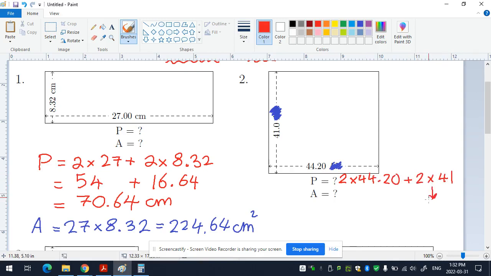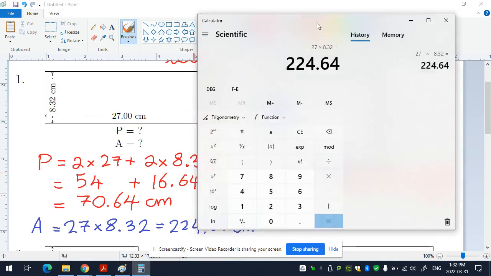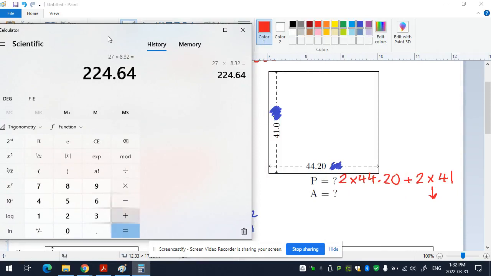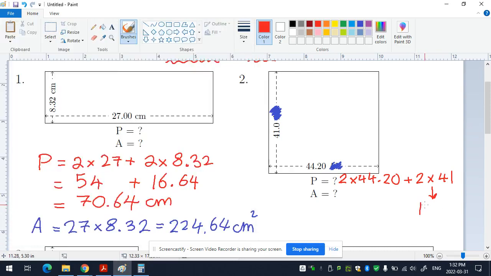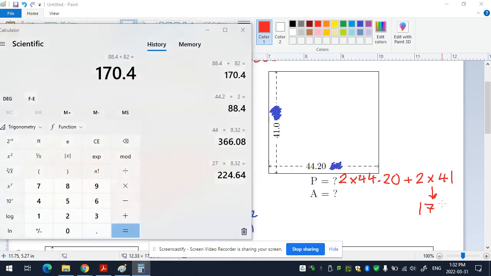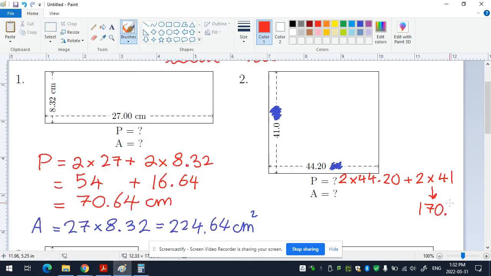Okay, that will give you, not sure, I'm just going to give you the final answer. 44.2 times 2 plus 2 times 41. Well, I know that in my head it's 82. Boom, that's it. 170. 170 what? Well, it should be 170 atomic units. Sorry, 170.4. Hold on.